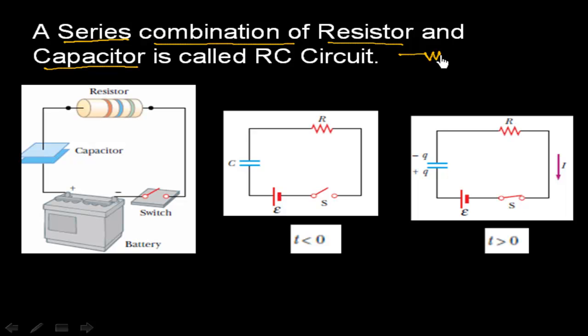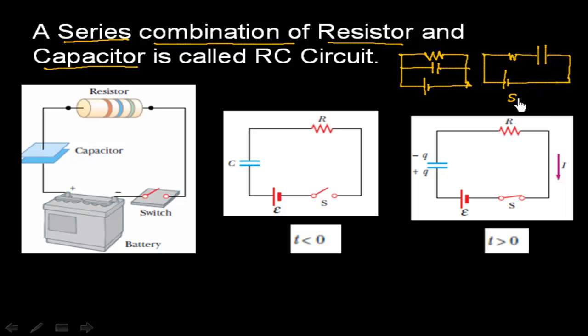One way is to connect the resistor and capacitor in parallel. So this is a parallel connection of resistor and capacitor. Another way, you have a resistor and you have a capacitor, this is a series combination and this is a parallel combination.